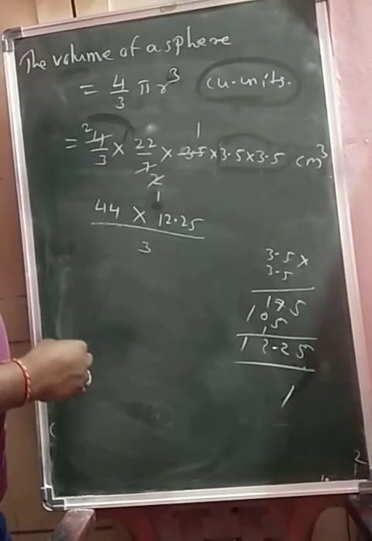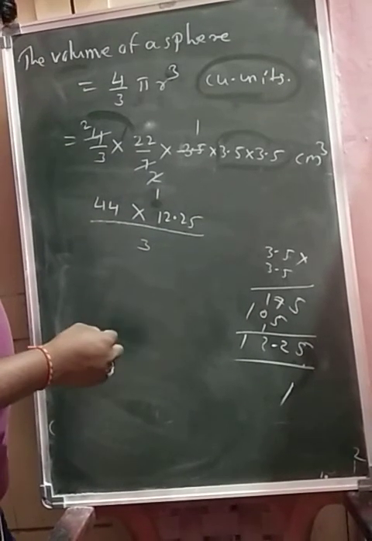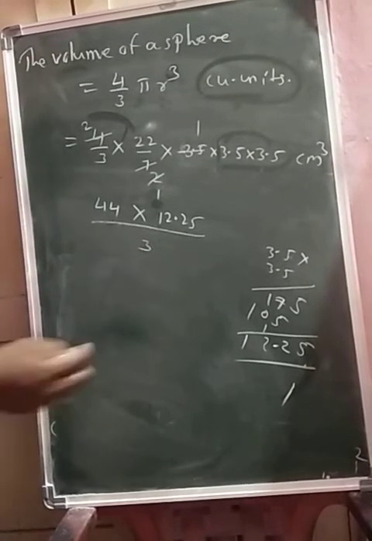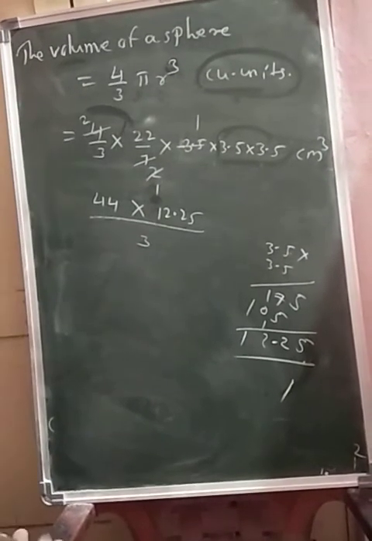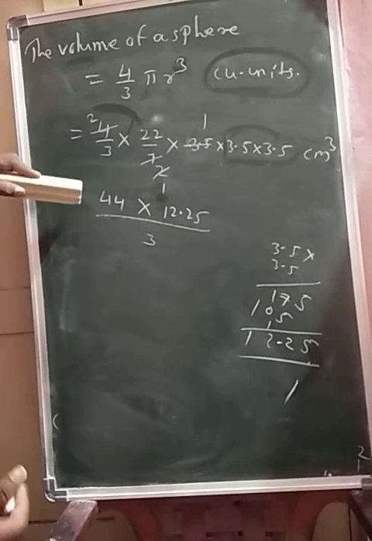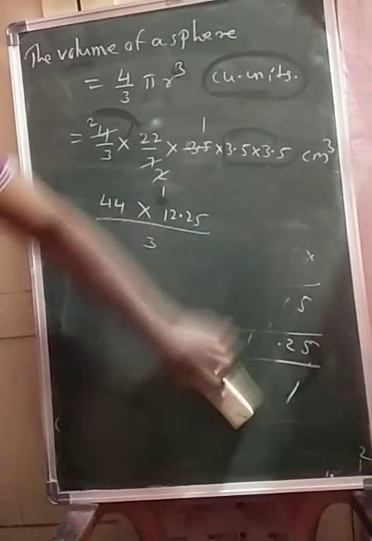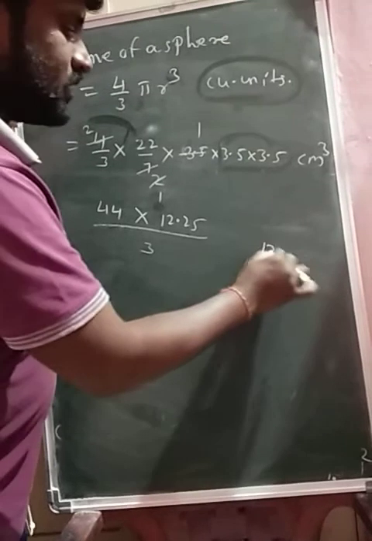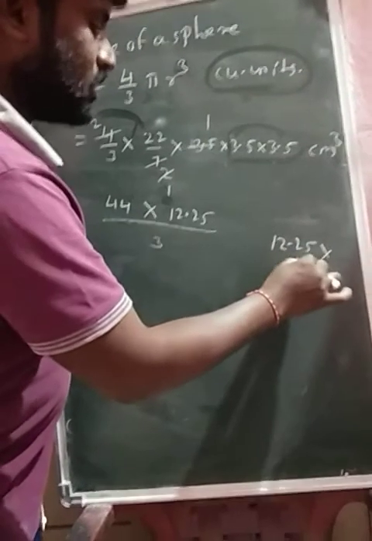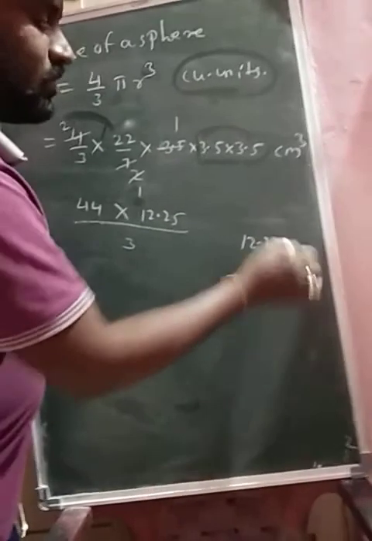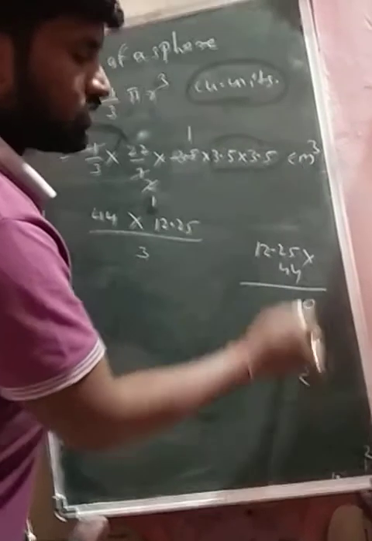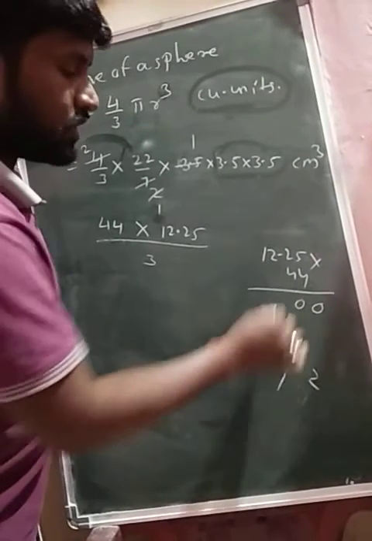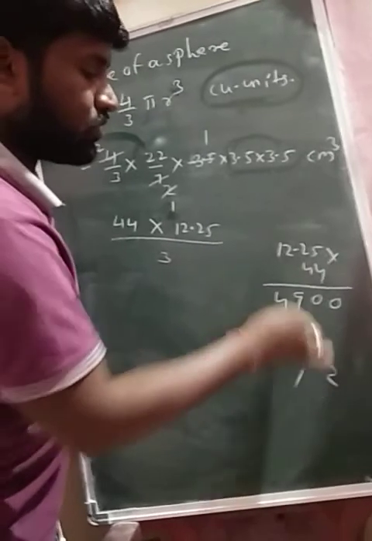Now by using the 3 table, cancellation is not possible. Just multiply 44 into 12.25, what happens? 12.25 into 44: 4 5s are 20, 4 2s are 8 plus 2, 10, 4 2s are 8 plus 1, 9, 4 1s are 4.